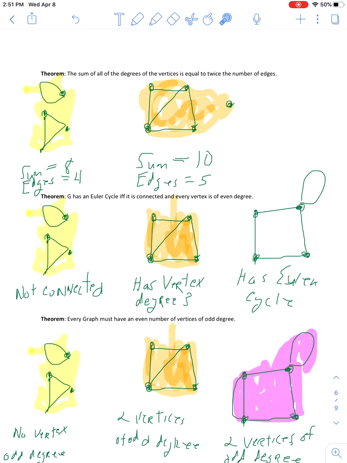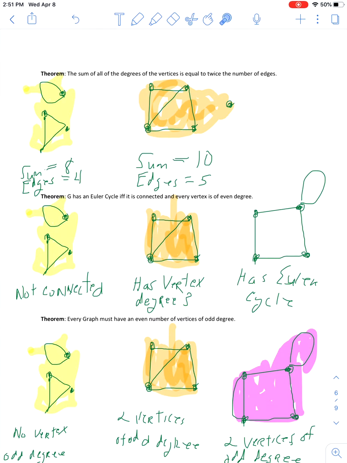Now, I can go into a vertex more than once, but every time I walk into a vertex, I have to walk out of a vertex. And if it's a cycle, then I'm not allowed to walk over the same edge twice. So what that means is that the degree of every vertex has to be even, because every time I walk in, I have to walk out on another edge.